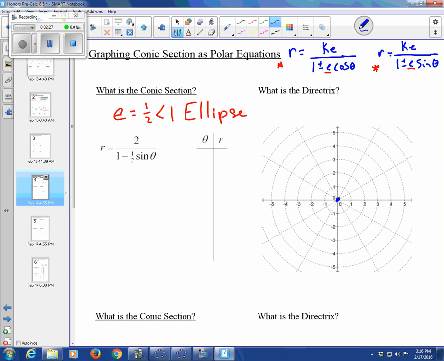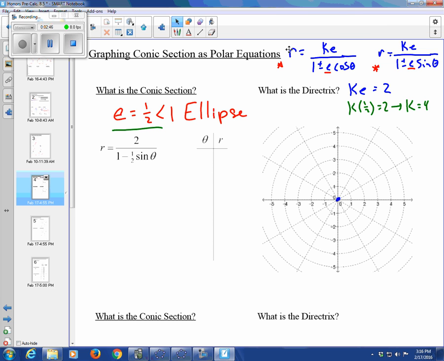So with the numerator ke, for this particular equation we have ke equals 2. And since we know the eccentricity is 1/2, we can say that k times 1/2 equals 2, which gives us a k value of 4. So we know that the directrix is going to be 4 units away from the focus on the origin.